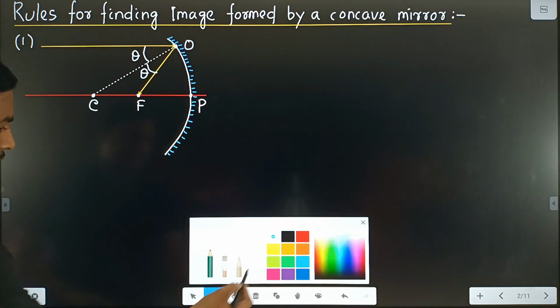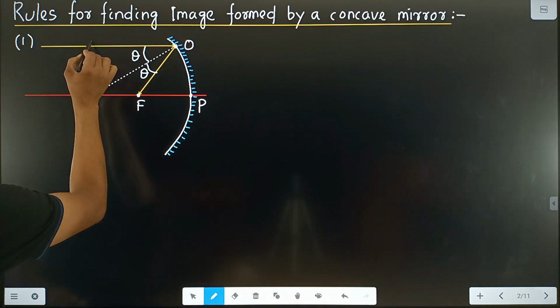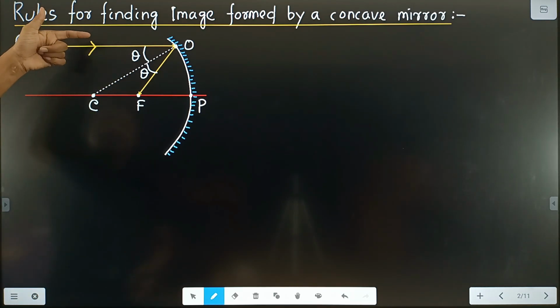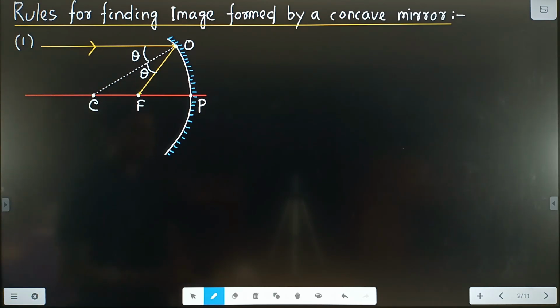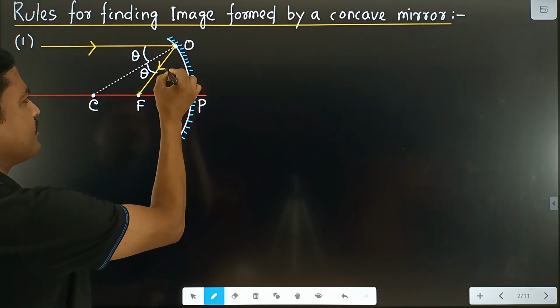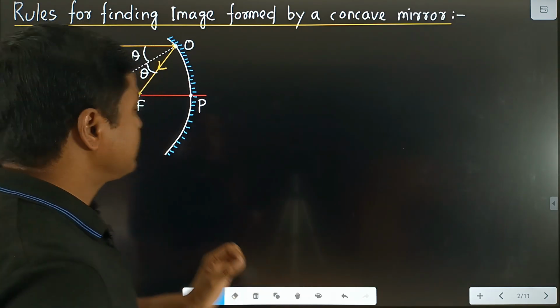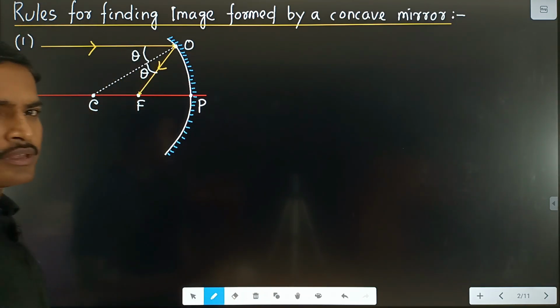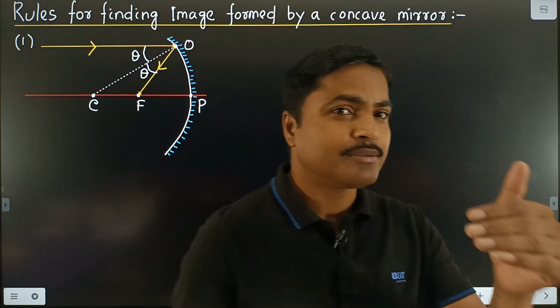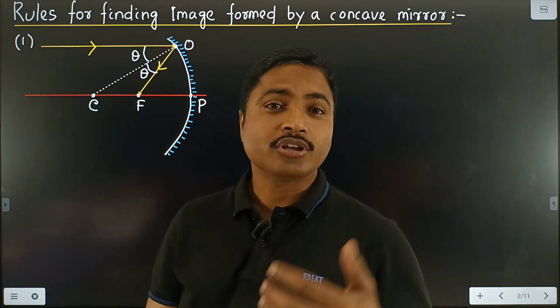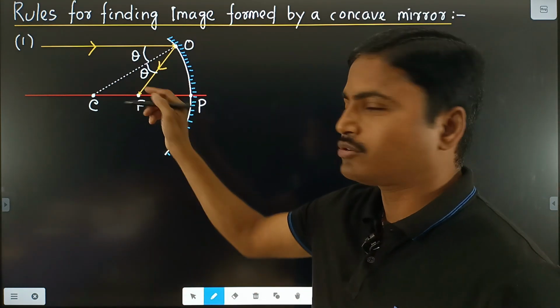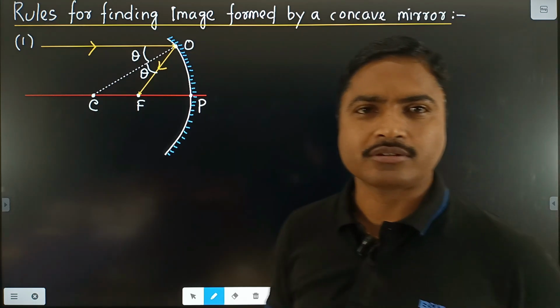That means if incident ray is parallel to the principal axis, then the reflected ray must pass through the focus. This is the first rule.